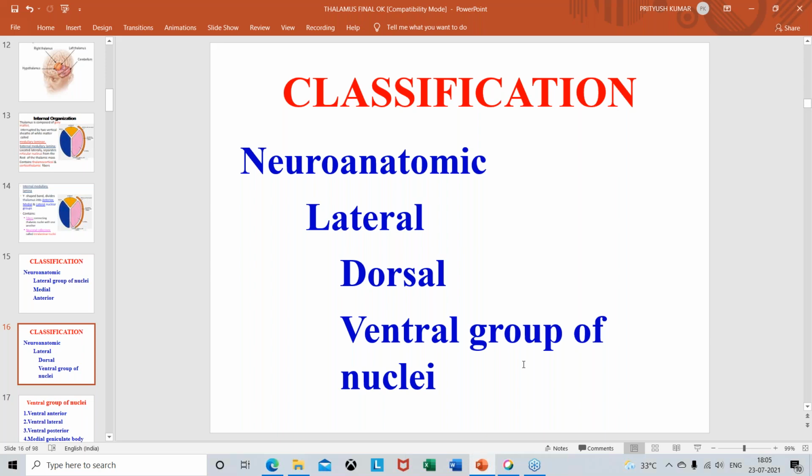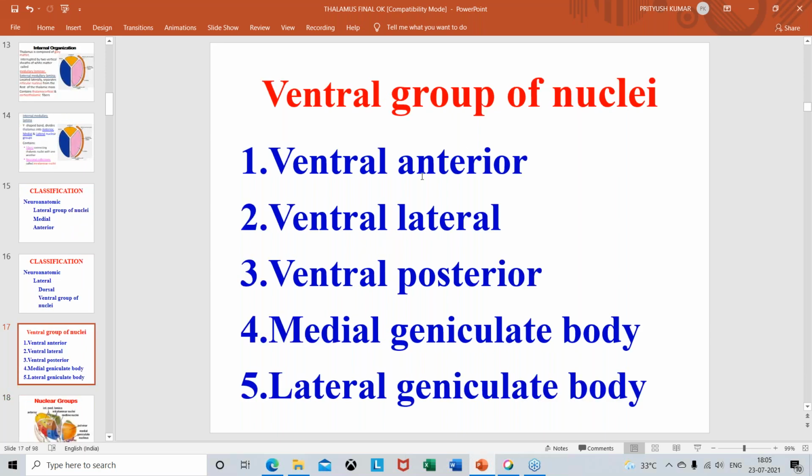This lateral one is further divided into dorsal and ventral, and now this ventral is further divided into ventral anterior, ventral posterior, ventral lateral, then the medial geniculate body and the lateral geniculate body. So basically this is the ventral group of nuclei, which is part of the lateral group of the thalamic nuclear mass.